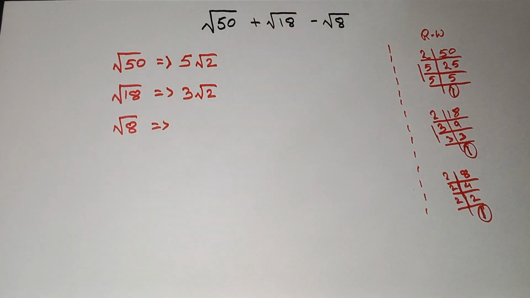If 1 is not coming, it means that your LCM is incorrect or you don't know how to take LCM. Okay? So the common in them is 2. There are three 2s; thrice 2 is coming.